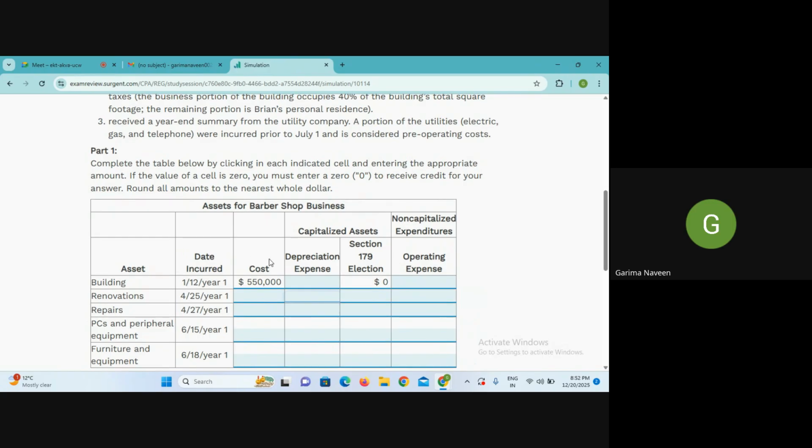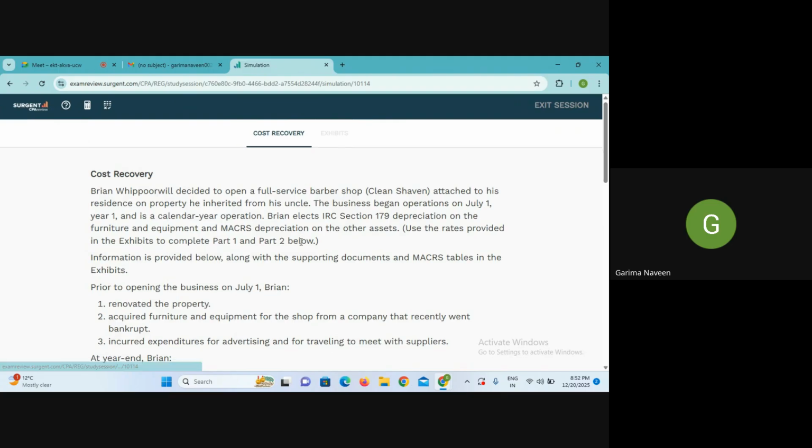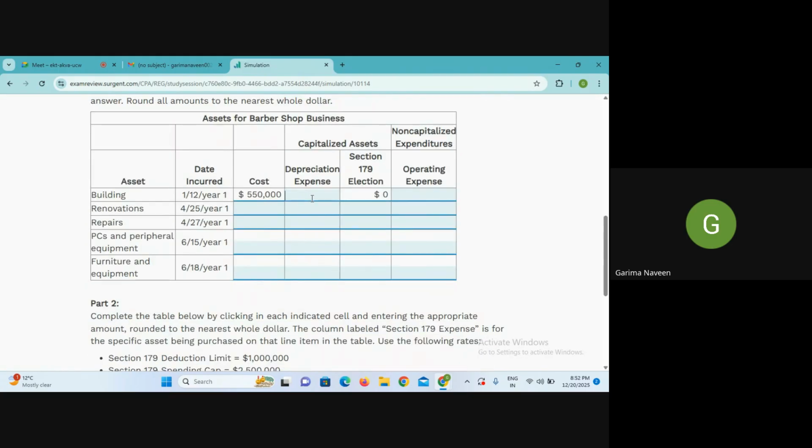Here the month is January, so you have to look at this table. 39 years of depreciation will be taken, and for the first year, the property is placed in service in January, the first month. So you will take this percentage, 2.461. So quickly calculate 2.461 times the cost. How much will it be?